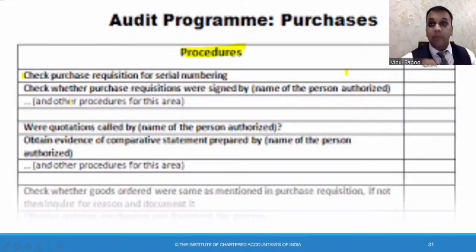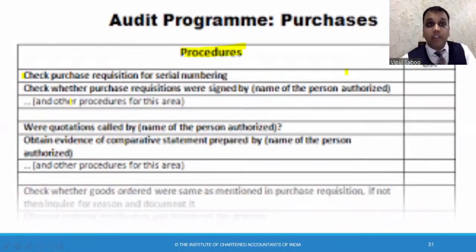Check for the serial numbering. There should not be repetition of those serial numbers because they are serially numbered, even if it is a requisition or an invoice, right? They are sequentially numbered. Okay? There should not be any duplication, right? So there should not be double orders placed.